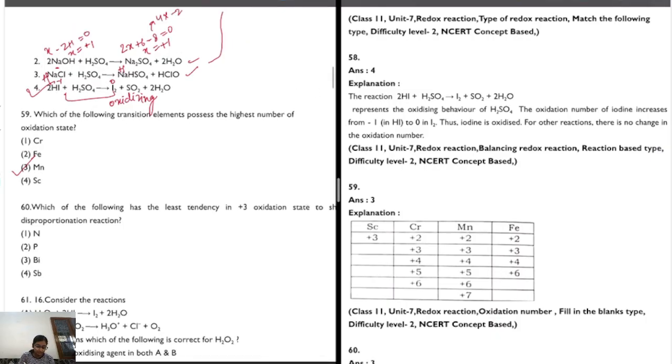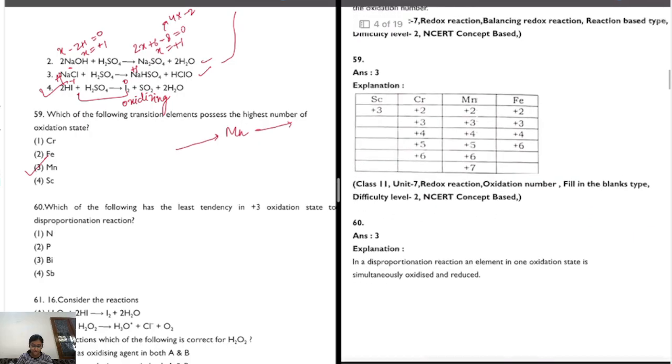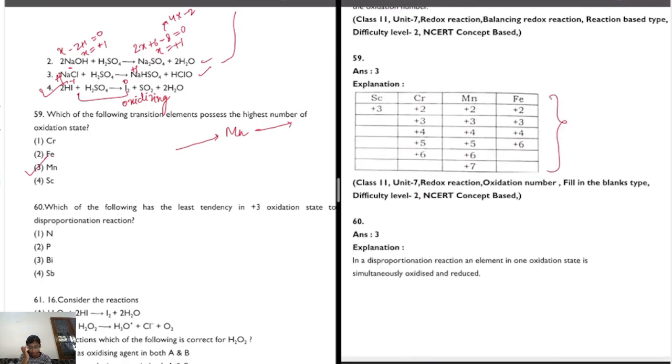Because initially the number of unpaired electrons increases till Mn, but after Mn it decreases. Scandium can have only plus 3, whereas Cr can range from plus 2 to plus 6. But the maximum is in manganese. That is why it would be the answer.